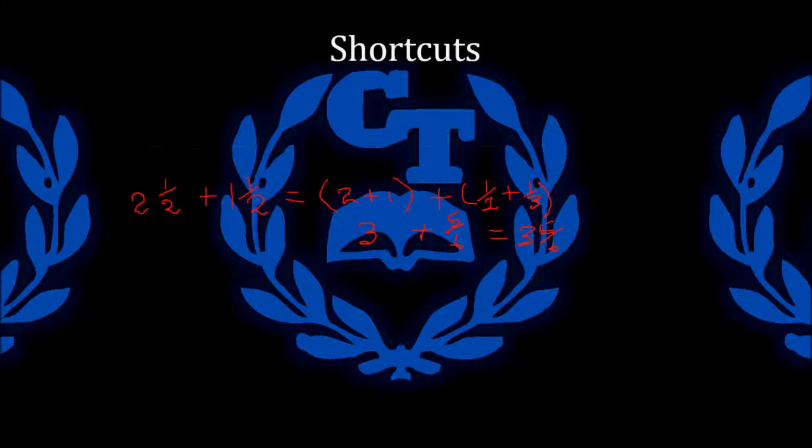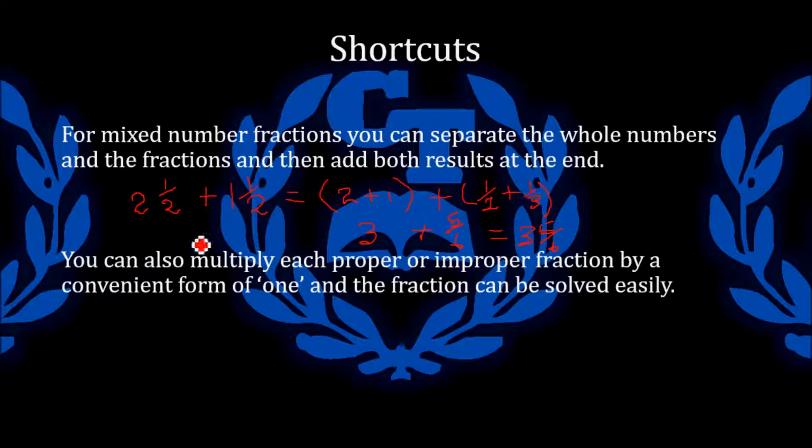Now, if we want to, we can also multiply each proper or improper fraction by a convenient form of 1, and we can solve it very easily. When you multiply by 1, all you do is change the form. You do not really change the value. So say for example I have 1/2 and 1/3. I can simply choose a form of 1 such as 3 over 3 to multiply this by, and I can choose 2 over 2 to multiply this by.